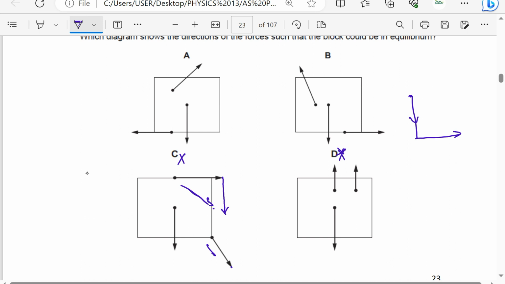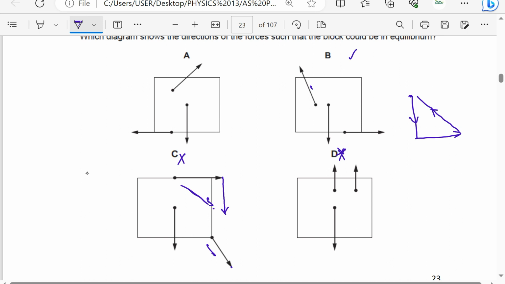If I fix the vertical vector in that direction, I add this one in that direction. Then when I add this one here, of course, I'm trying to put in a concept of magnitude. When I bring this vector on the head of the other one, this one could form a closed triangle.